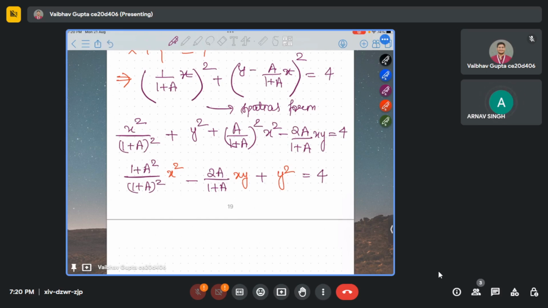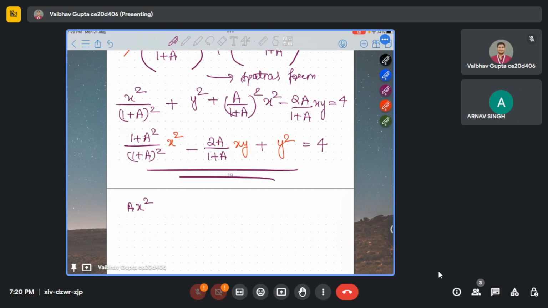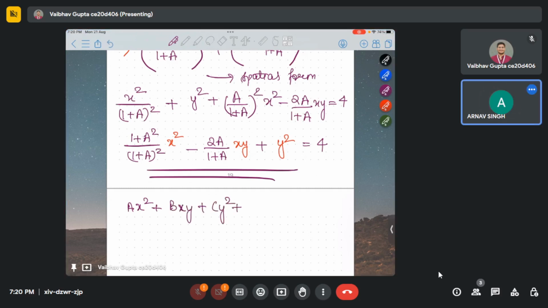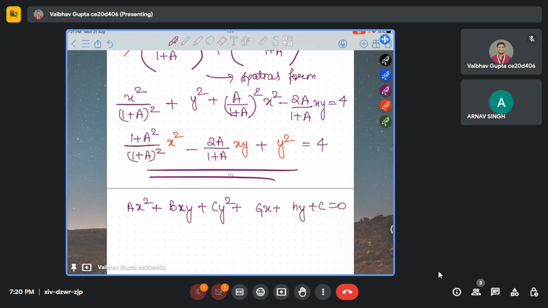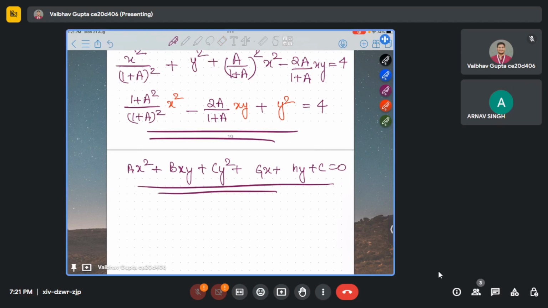How will you say? Ax square plus bx plus c. The general form to tell whether the equation is a circle, ellipse or hyperbola: suppose the equation is in this form, you just have to calculate b square minus 4ac.